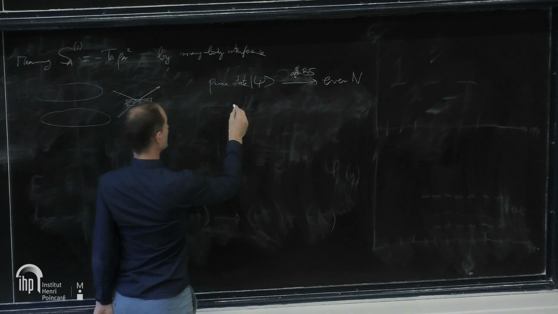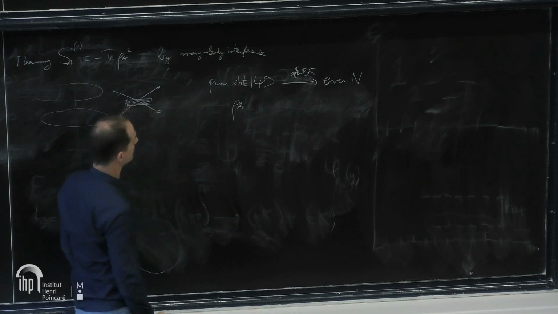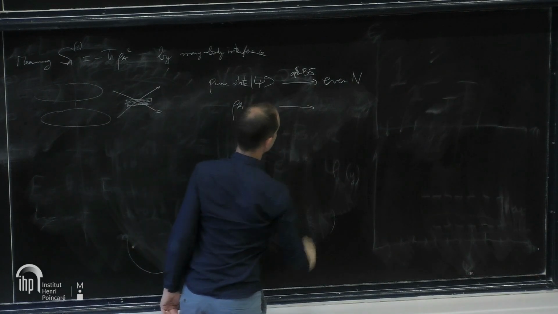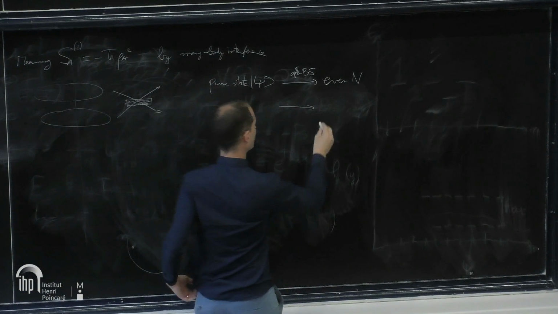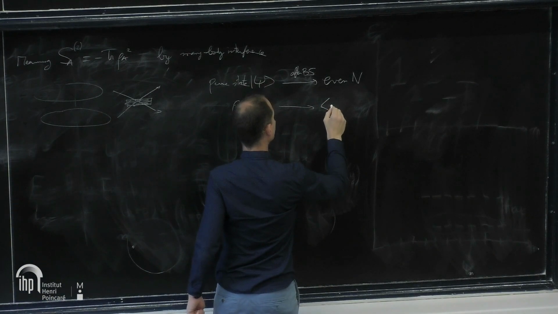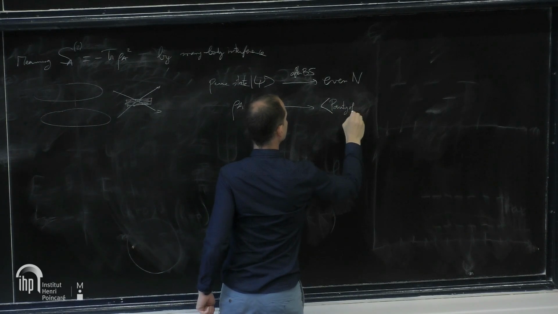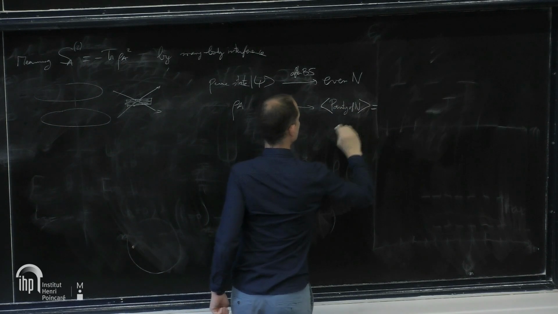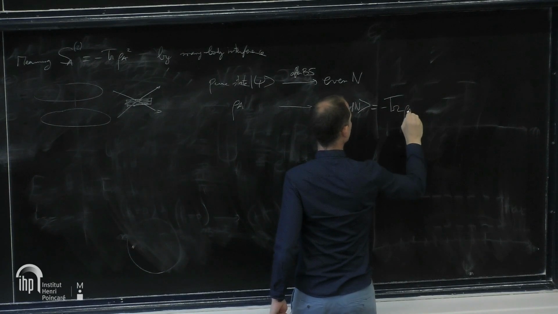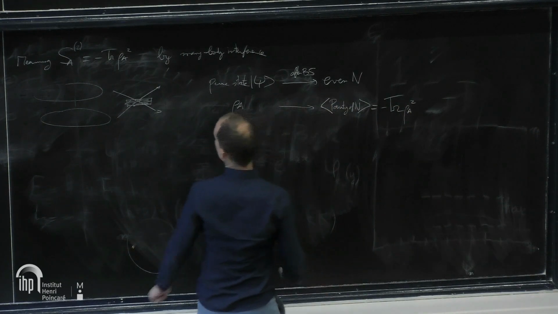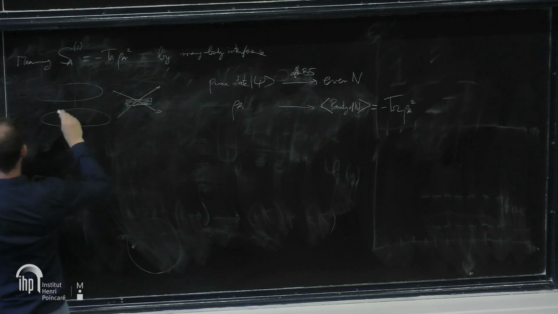And so if we have now a mixed state, rho A, then we will not have an even number of particles, but we will have the mean value of the parity of n that will be equal to trace of rho A squared. Sorry, I forgot a log here.